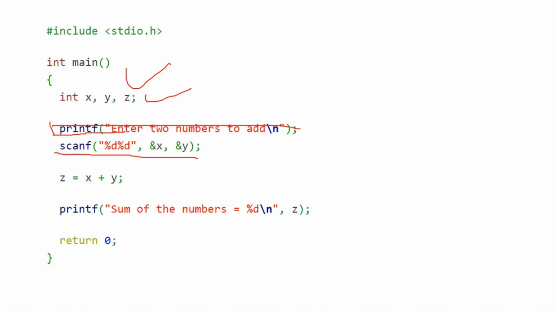So input and output operations are executed by processor only when it encounters a printf or scanf statement. So indirectly program is controlling the processor's input output operations, because only when there is a statement in the program regarding input output operations, then only processor can execute input output operations. So that's why it is called program controlled IO.